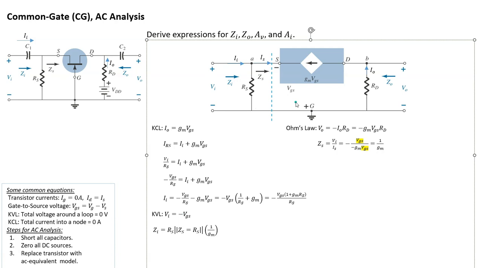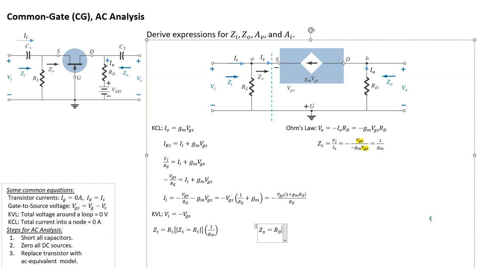So if VGS is 0, then GM VGS is also 0. That's 0 amps, meaning that this is now an open circuit. So the only resistance or impedance seen from VO, i.e. ZO, is just RD. So ZO is quite straightforward. ZO is simply equal to RD.